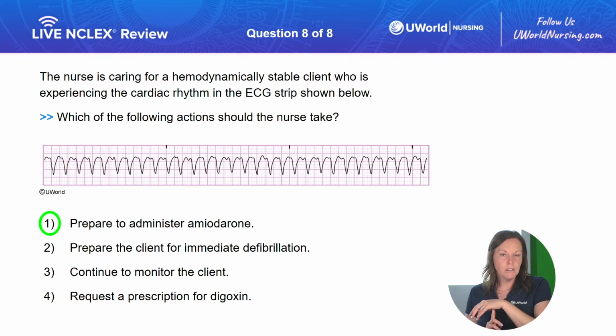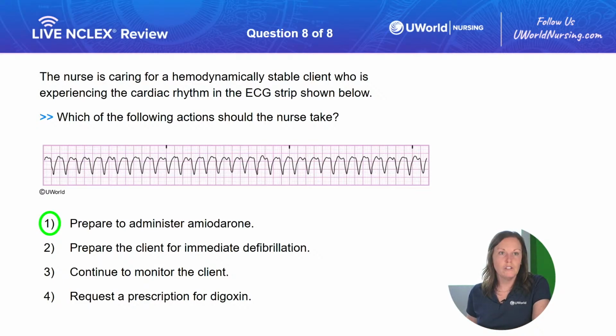Amiodarone is an anti-arrhythmic medication. We're going to give it as an IV bolus, and then titrate it to a drip. VTAC can lead to VFib, which is fatal, so we need to monitor, intervene, and get them out of this dysrhythmia.